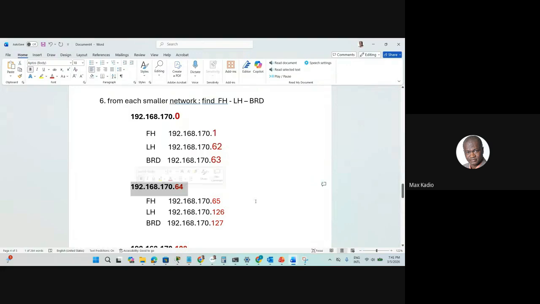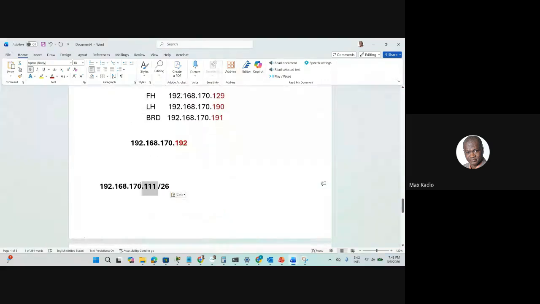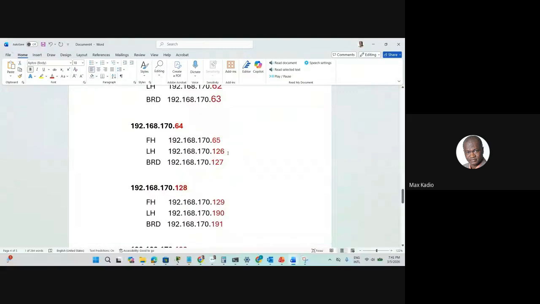For example, you go in a company and we show you an IP address and we ask you which department this IP address belongs to. So it's something like that. If you see 111, you say, okay, 111 falls in this category, so it belongs to this department, maybe marketing or whatever.